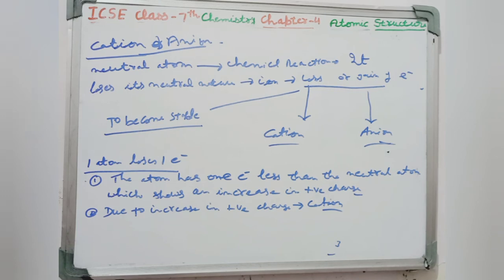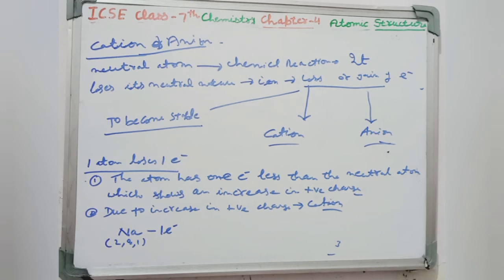Now suppose I take an example of it. We have studied sodium. Its configuration is 2, 8, 1, atomic number 11, right? The last shell, KLM, is holding only one electron, the valence shell. Suppose this one electron is lost.